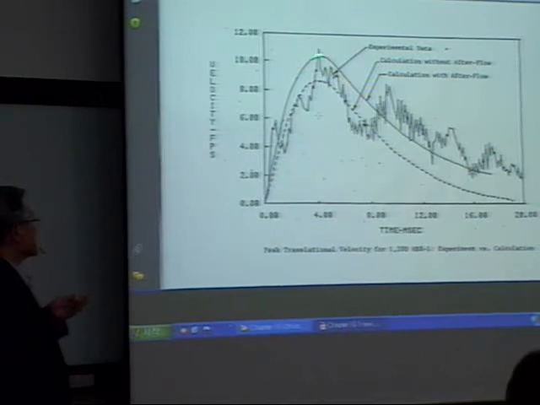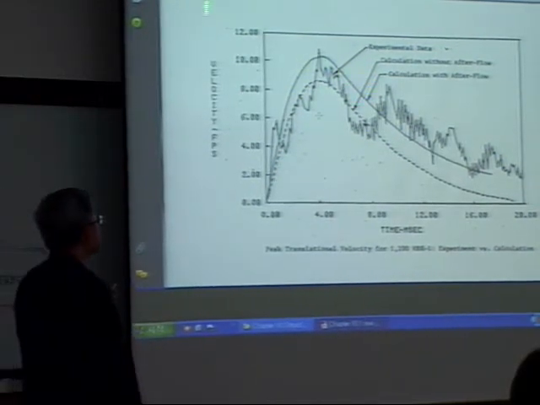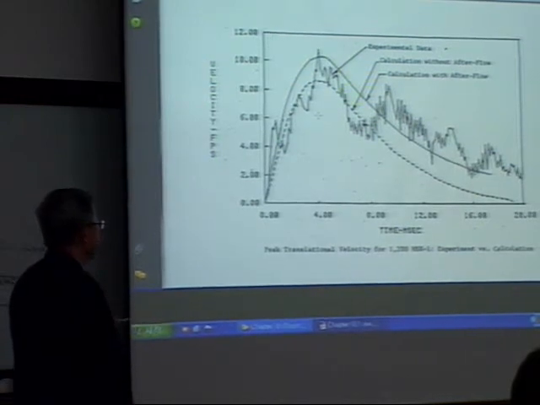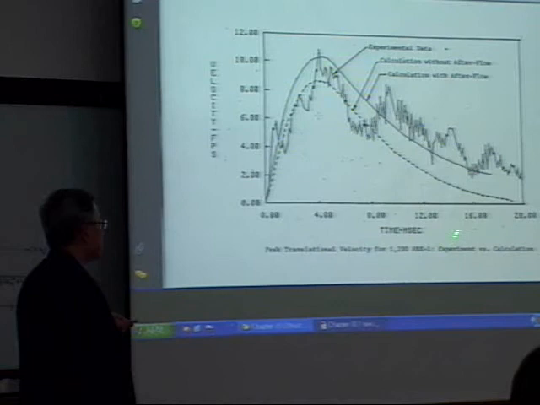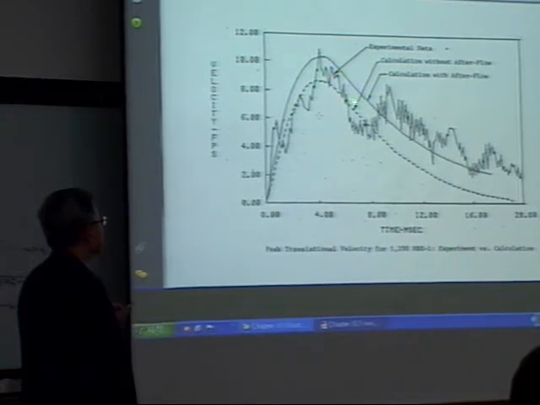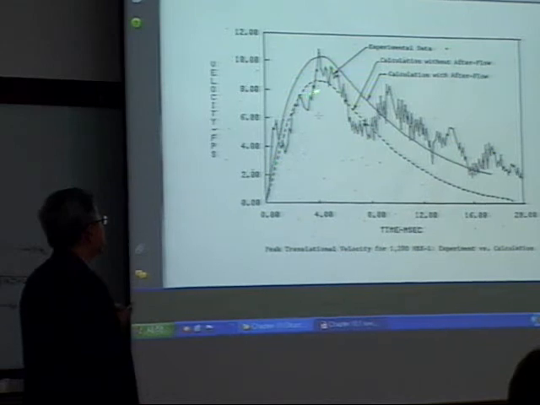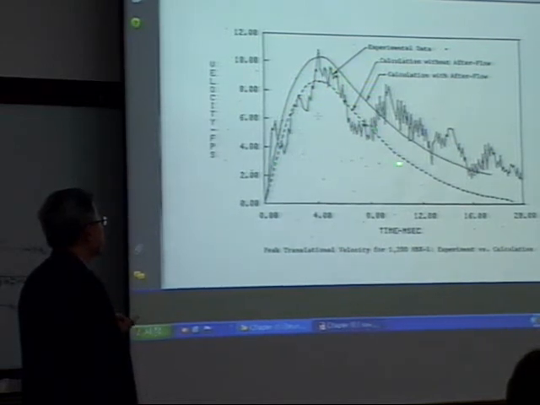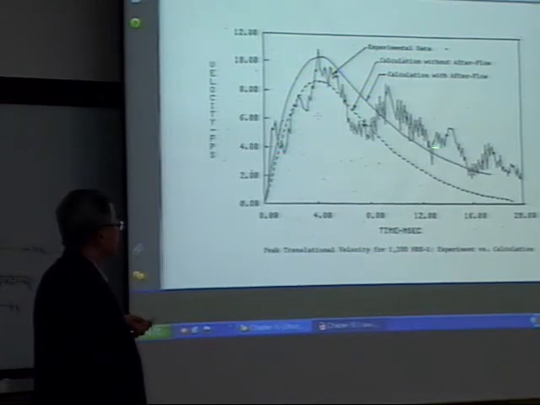But it shows a sample measured velocity here. And for 1,200 HBX1, this is actual experimental data. And we plotted it together, without afterflow, without the second term. This is with the second term.